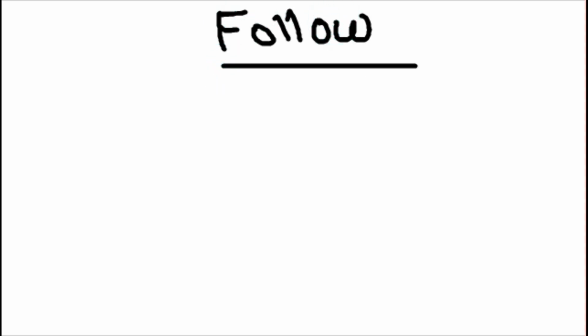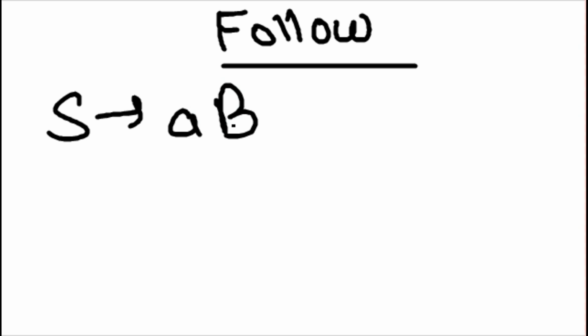Now let's learn how to solve the follow. Suppose there is a grammar which says S derives small a, capital B and small c. In this case, how do you find follow of S?